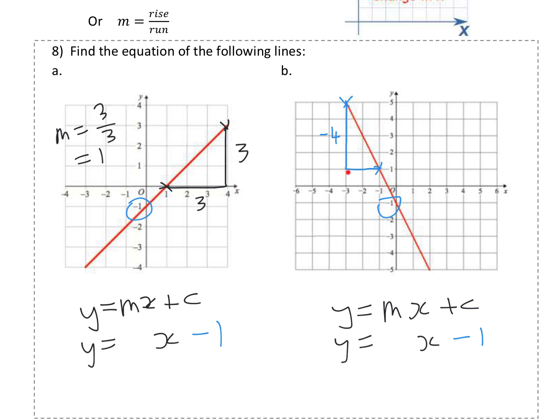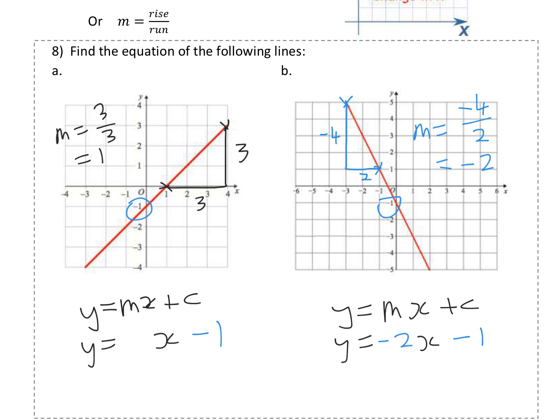It runs across from -3 to 1. That's a difference of 2. So the gradient is going to be the change in y, or the rise, divided by the run, or the change in x, 2. And you get -2. That means the number in front of the x will be -2. So y equals -2x minus 1.